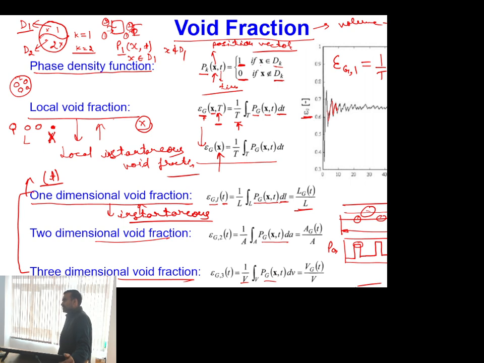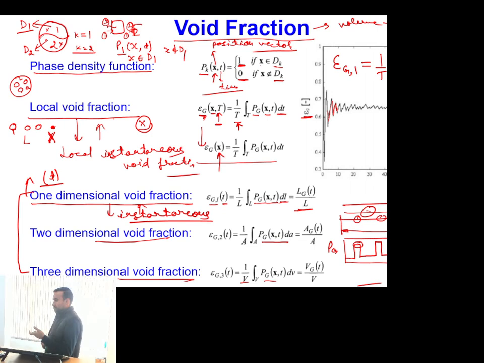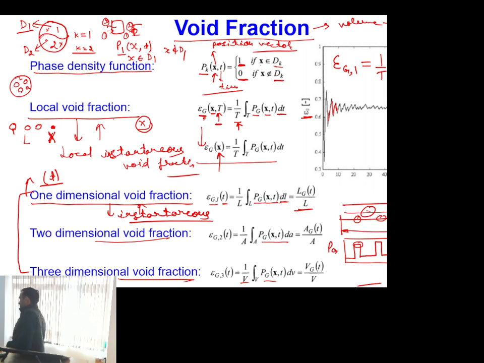All are clear with this point? So first I have taken the line integral, then I have taken the time integral. So now it will become the one-dimensional time averaged void fraction. Likewise, I can define the two-dimensional time averaged void fraction. Okay, all are clear with this point?